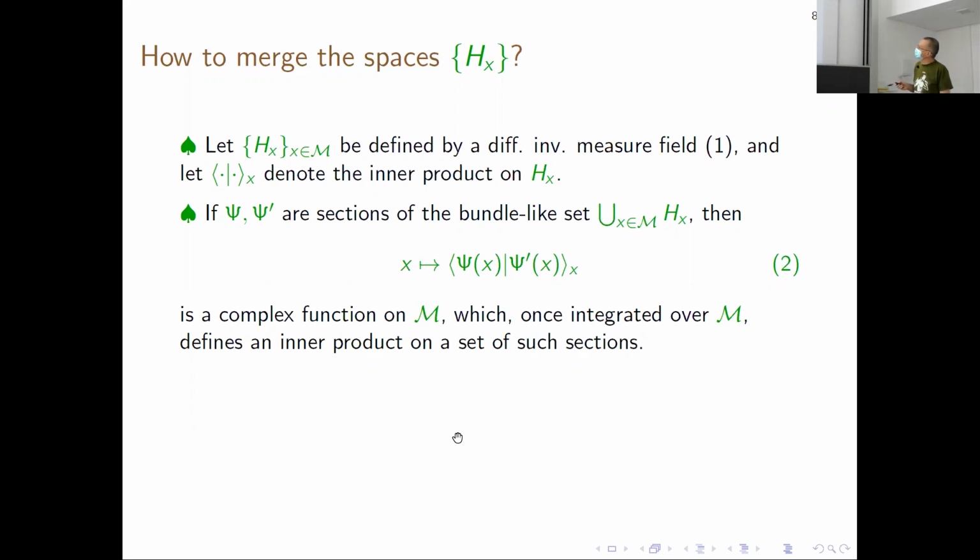Because of the structure of this set, we can consider sections of it. So suppose that psi and psi prime are sections of this set. Now, we can pair the values of these sections point by point using this inner product. As a result, we obtain a complex function on the manifold M, and then we can try to integrate this function over the manifold.